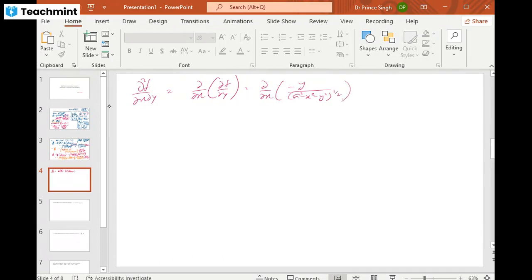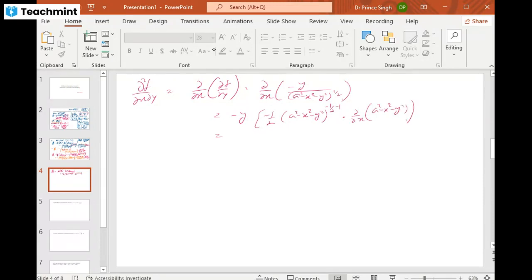So when we differentiate it with respect to x, then this y is constant, this term is constant. So we just simply apply the power rule. So minus 1 by 2 (a² − x² − y²) raised to the power minus 1 by 2 minus 1, into ∂/∂x of (a² − x² − y²).